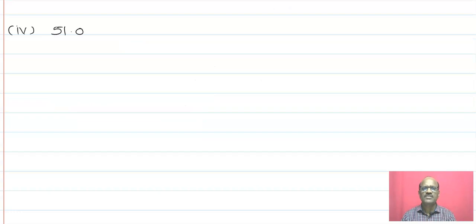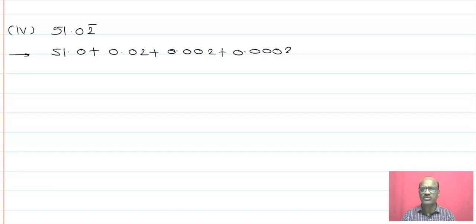Now the fourth is 51.02 bar, meaning 2 is recurring. That is 51.0 plus 0.02 plus 0.002 plus 0.0002, and in this way. Therefore 51 plus 0.02, 0.002, and in this way.